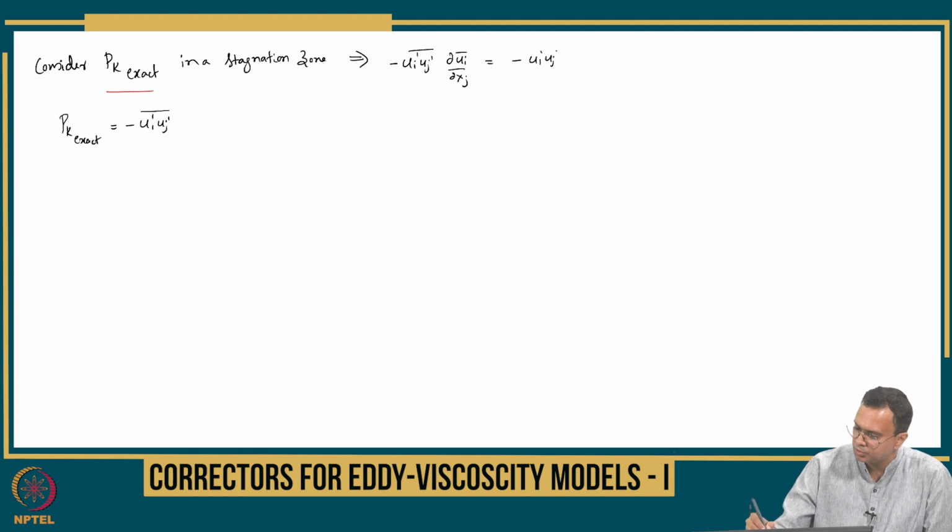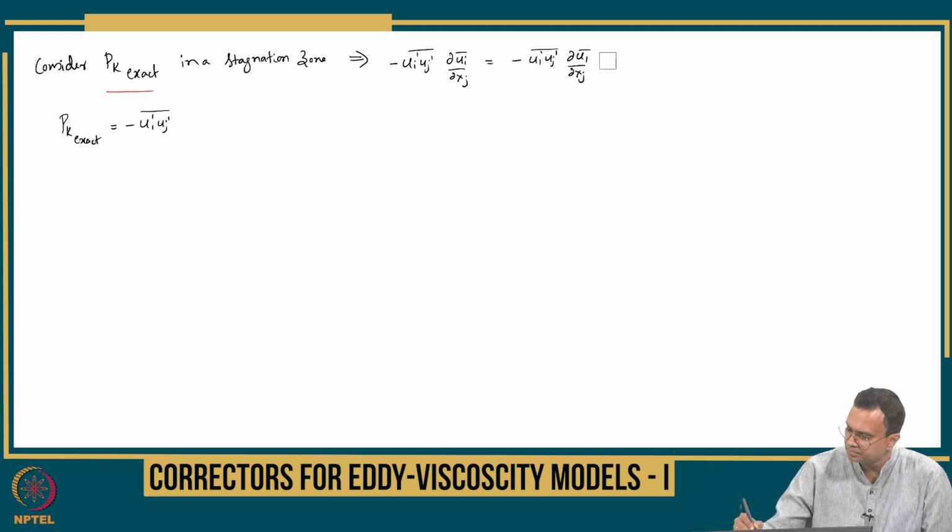Minus u1 prime uj prime average dou u1 bar by dou xj, minus, I get minus u2 prime uj prime dou u2 bar by dou xj, minus u3 prime uj prime dou u3 bar by dou xj.